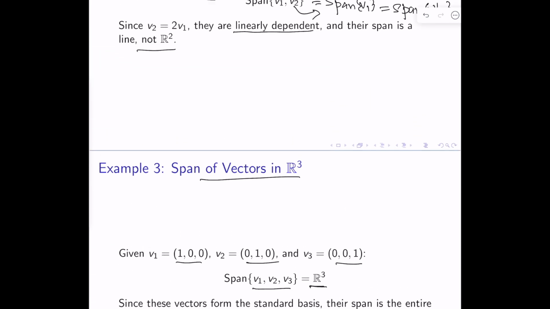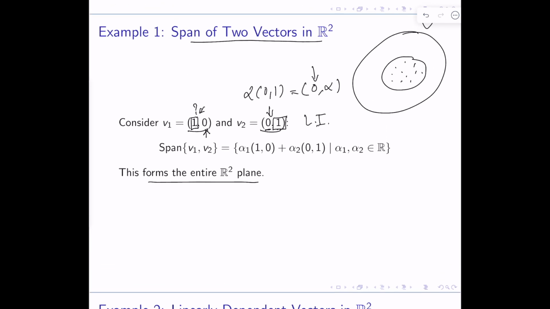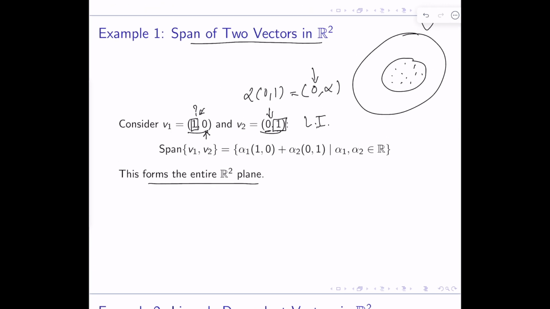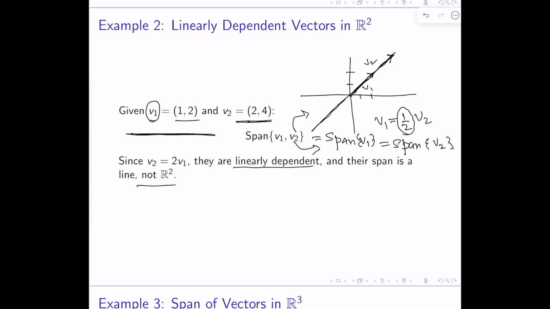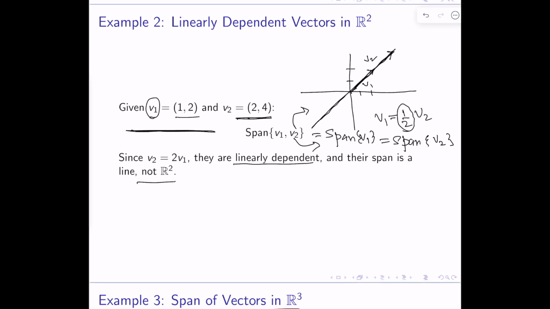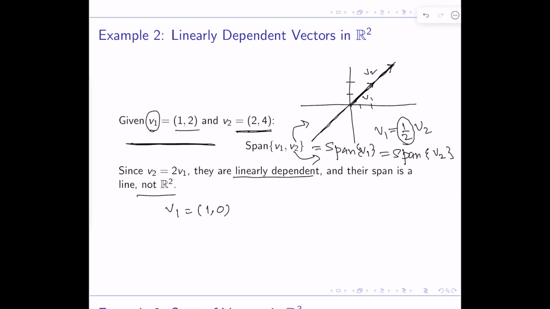So if you see in the previous example, the picture where we have made this one, right? If I give you another set, V1 as (1, 0), what does this picture say? (1, 0) will be here, right?